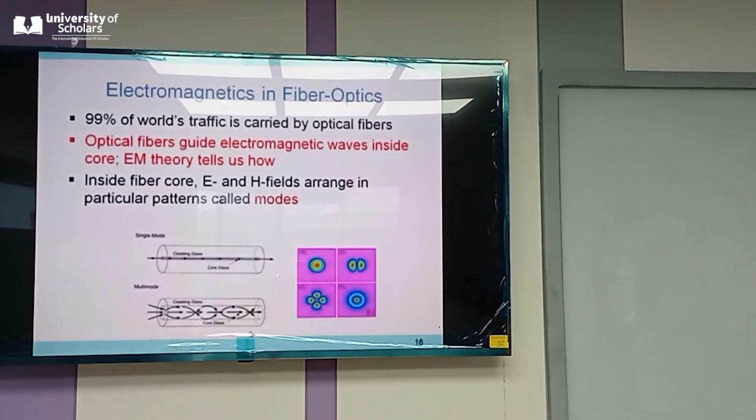That is something electromagnetic theory will tell us. It tells us that light, which is modulated by the data that we want to transmit, actually goes through as modes inside a fiber. And these modes would travel.